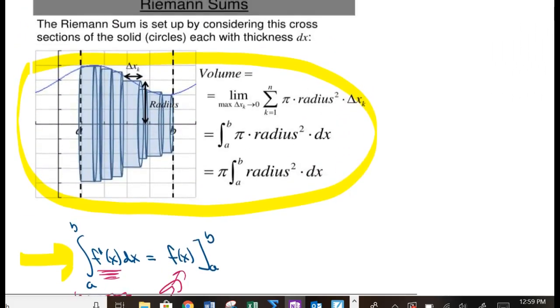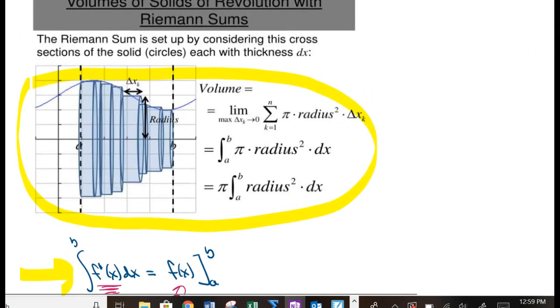Okay, so this graphic I find to be kind of interesting. This is this curve right here, and the revolution is about the x-axis.